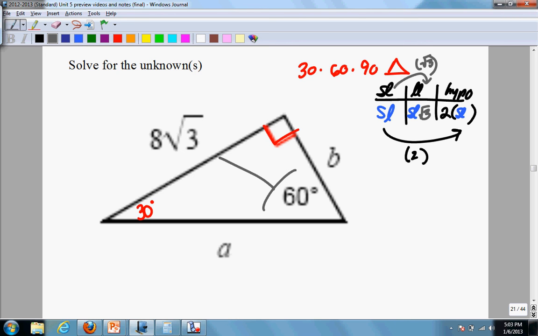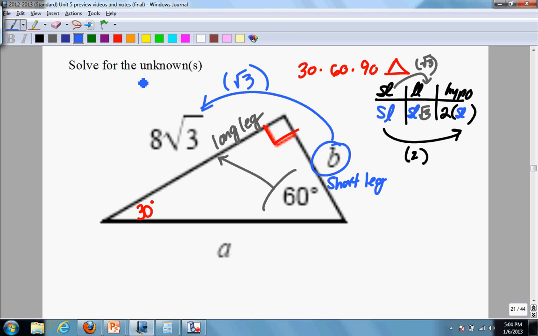Now let's identify what we have here. 60 is our larger angle, so this is the long leg. So what we have here is the short leg times root 3 gave us the long leg. Something times root 3 gave us 8 root 3. From this, it's really easy to see that the short leg had to have been 8.